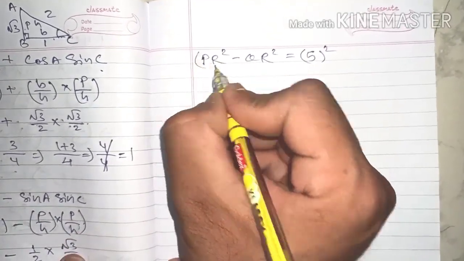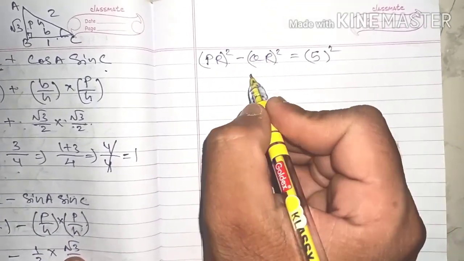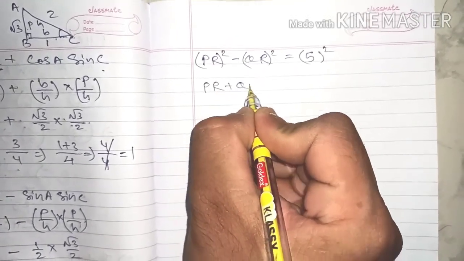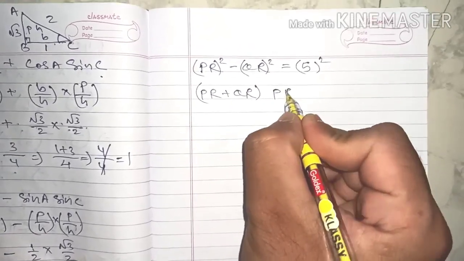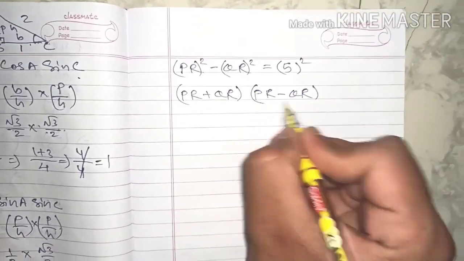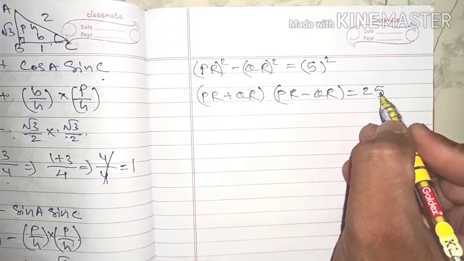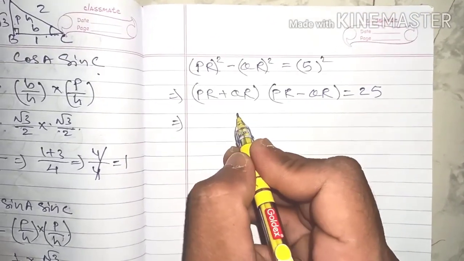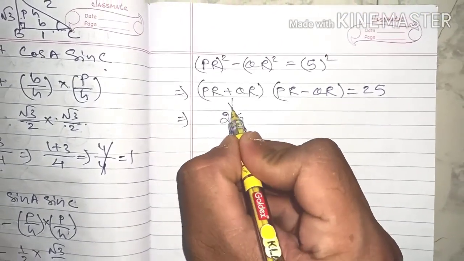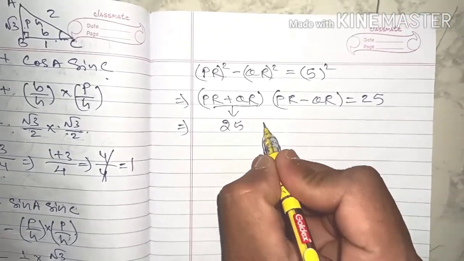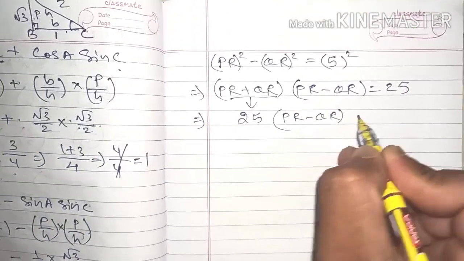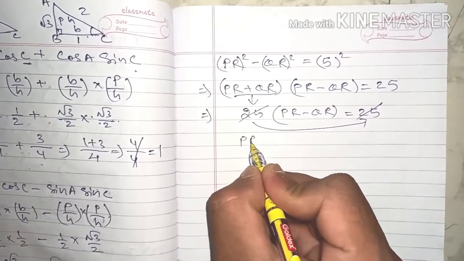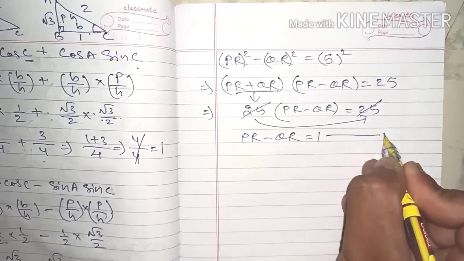Can we write it as a square minus b square? By using that formula, (a plus b)(a minus b) equals 25. PR plus QR, we already have 25, so in place of this we will write 25. PR minus QR times 25 equals 25. Divide, both will be cancelled. We will get PR minus QR equals 1.